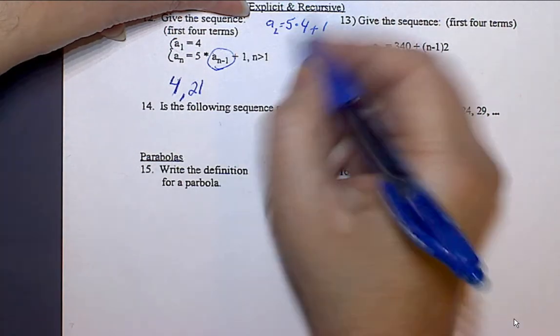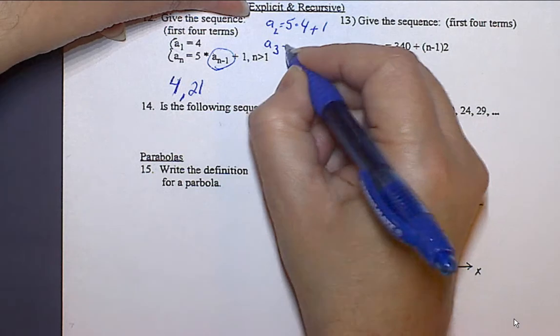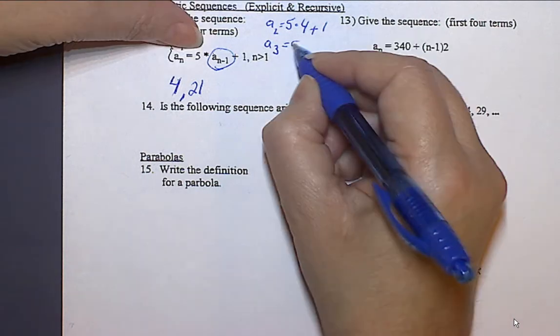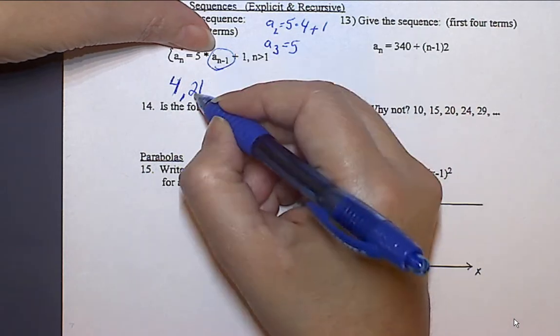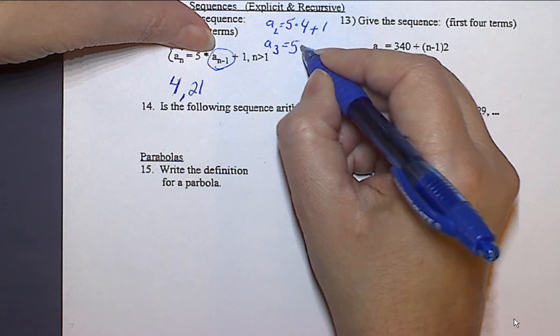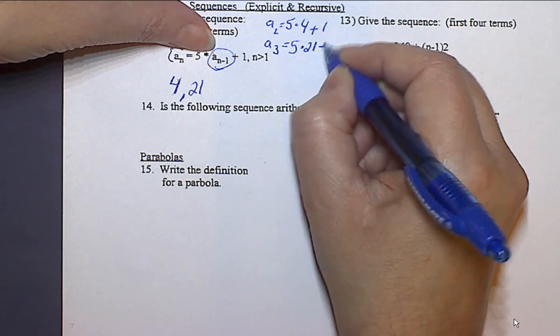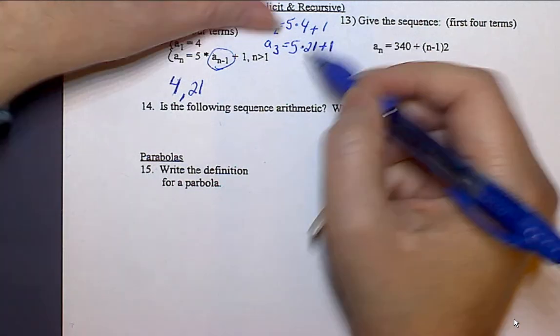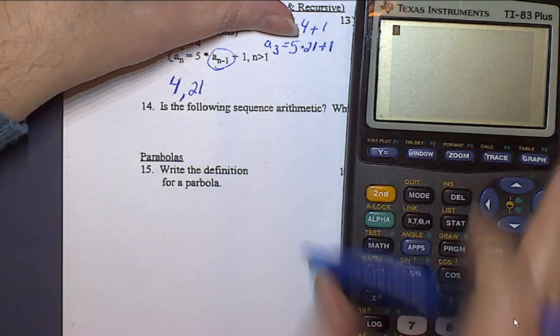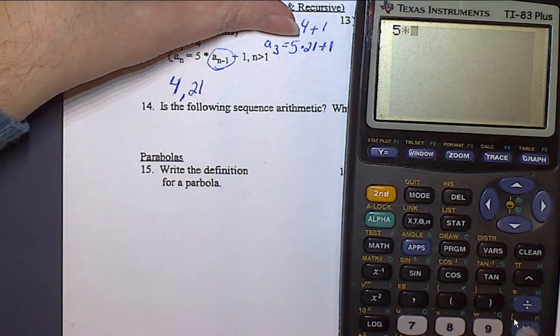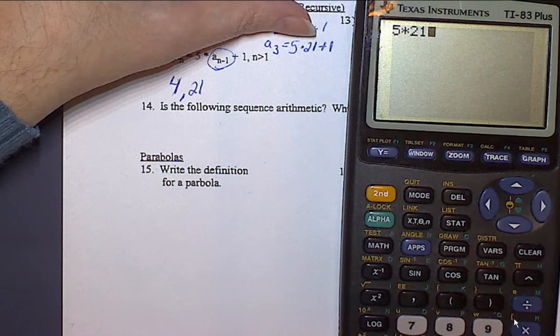A sub 3 says 5 times the previous term, so we just did the previous term is 21, plus 1. So I do, in the calculator, 5 times 21 plus 1. So it's 106.